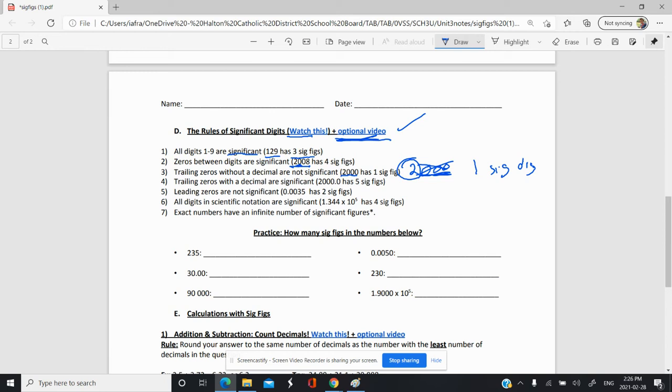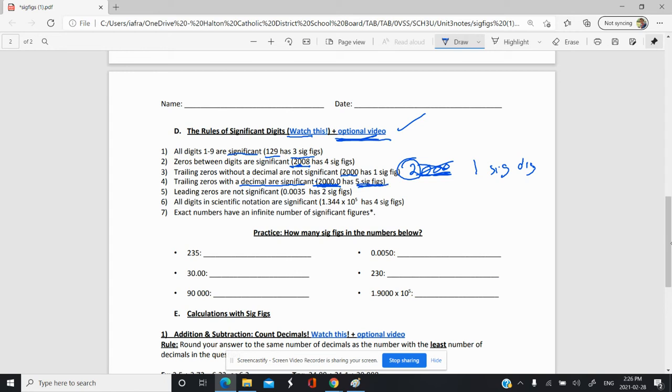If you have trailing zeros with a decimal place, then you've basically made everything before it and after it significant. So for example, here I have 2000.0. This is 5 significant digits now because I put that .0.